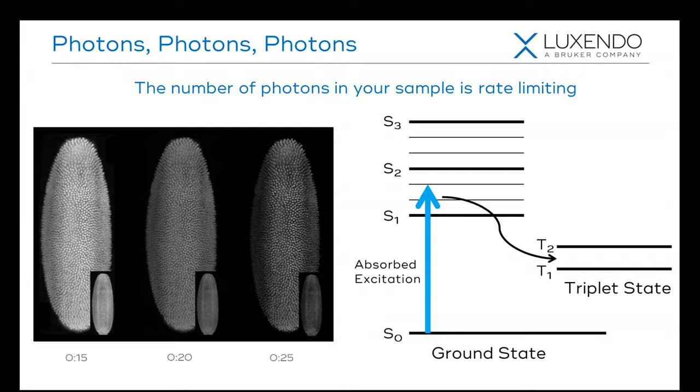And this is because some of these fluorophores end up transitioning from this high energy excited state into the quote-unquote forbidden triplet state, where these fluorophores interact with other molecules and become irreversibly covalently modified, also known as photobleaching.